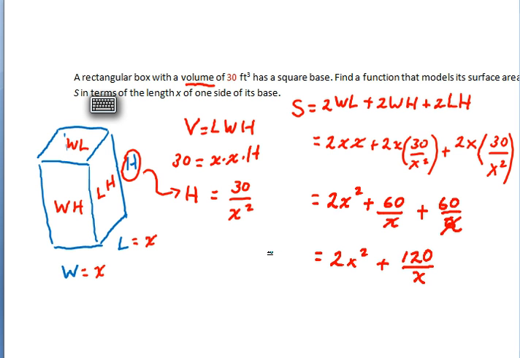So we've written the surface area as a function of x, where x was the length of one of the sides of the base.